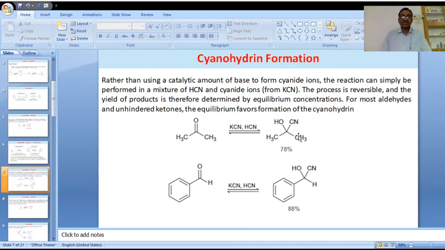And the next, benzaldehyde on reaction with HCN in presence of potassium cyanide catalyst forms cyanohydrin in more yield, that is 88%. This is about cyanohydrin formation for ketones and aldehydes, a comparative study.